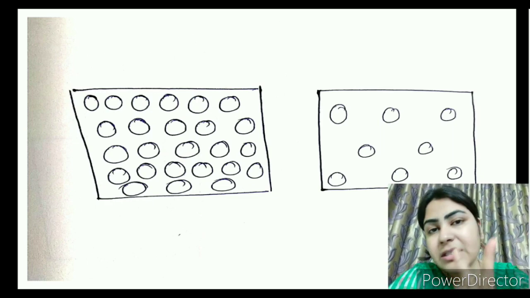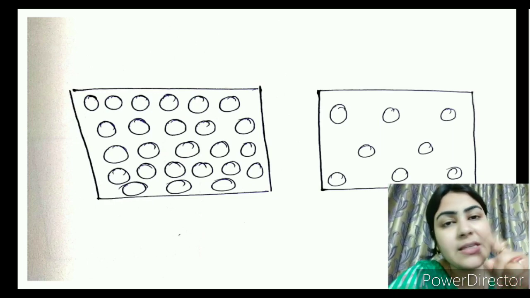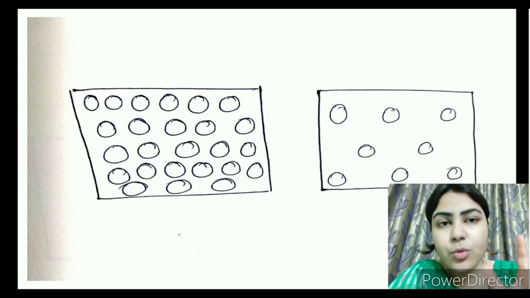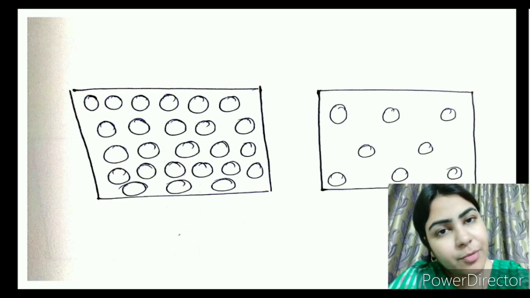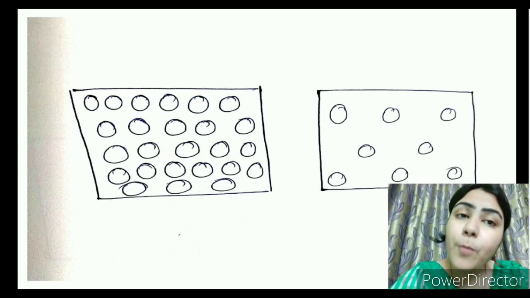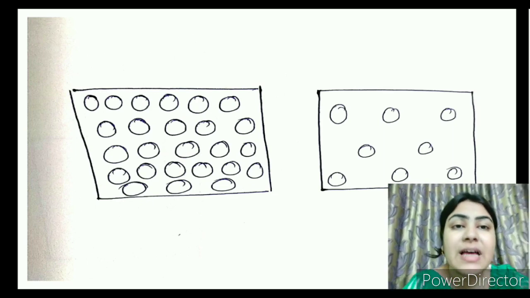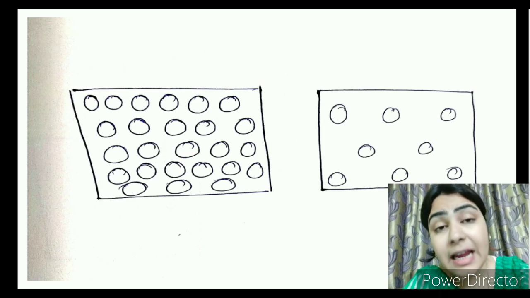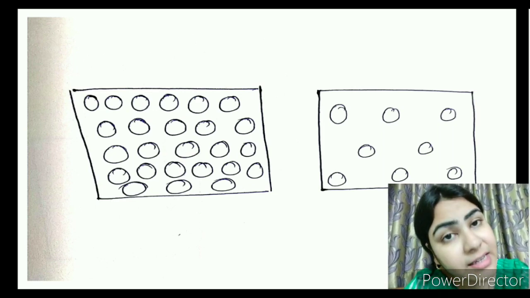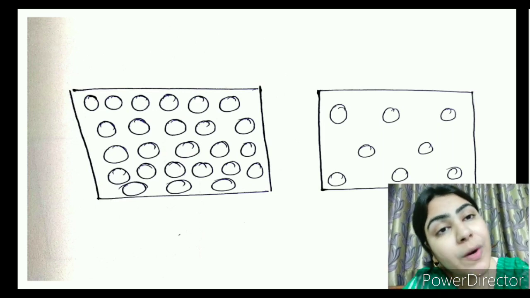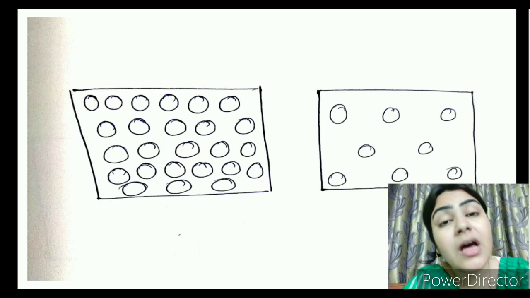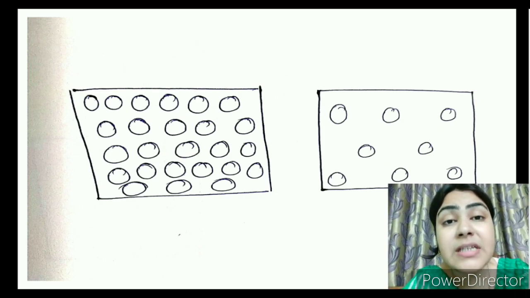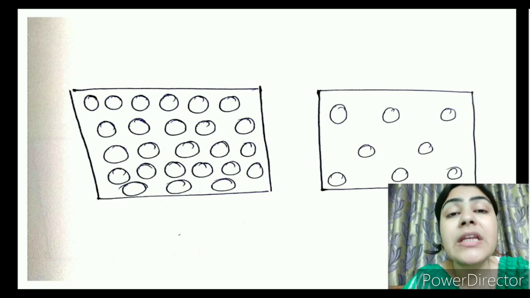See, both the boxes are the same size, so the space inside is also the same. But one has a lesser number of balls and one has more balls. That means one has higher density, one has lower density. Density is the amount of substance present in one unit area.